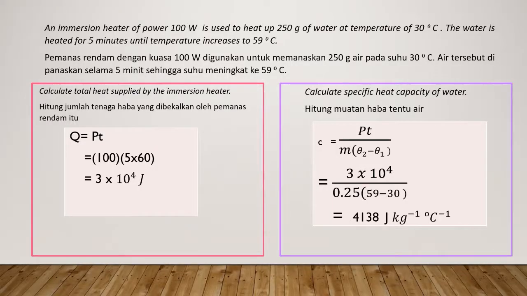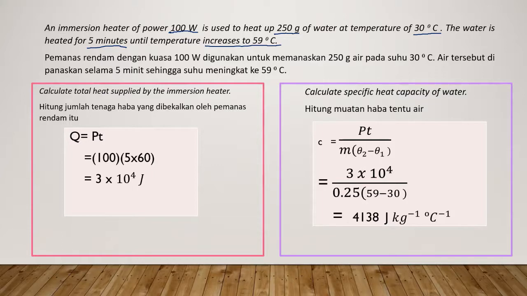Okay, now next question. An immersion heater of power 100 watt is used to heat up 250 grams of water at temperature of 30 degrees Celsius. The water is heated for 5 minutes until temperature increases to 59 degrees Celsius.